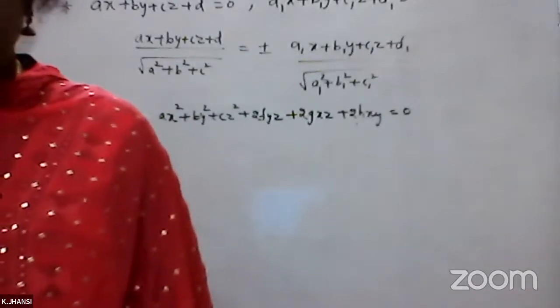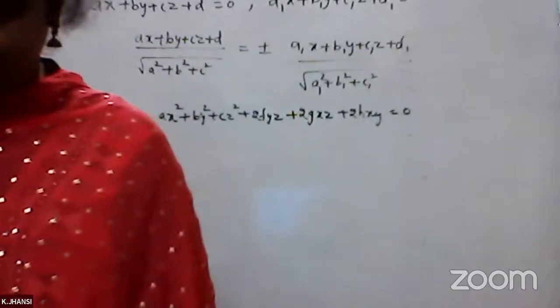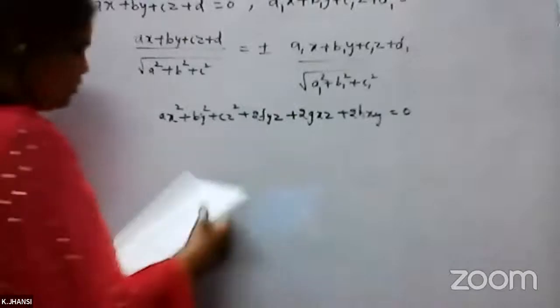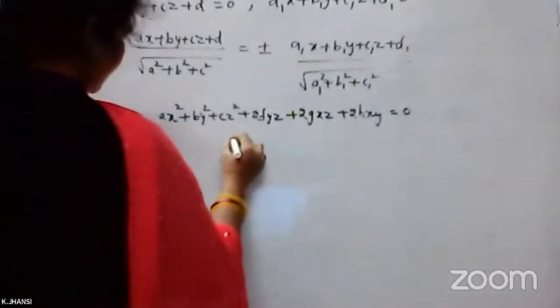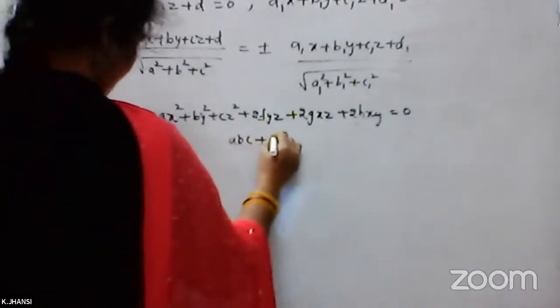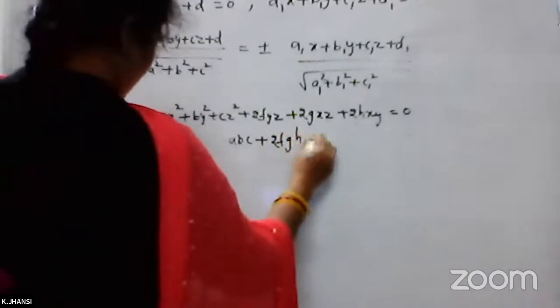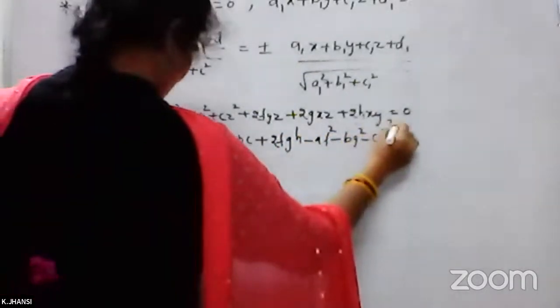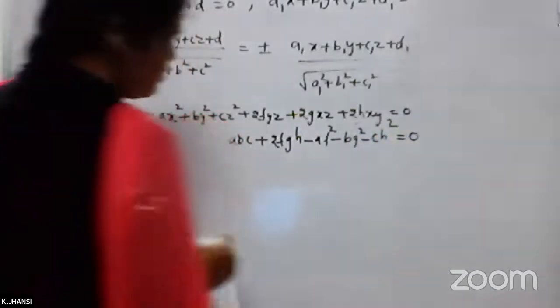Depending on this, you will get the problem, and if you know the formulas, it's enough for solving the problems. The necessary and sufficient condition here is abc plus 2fgh minus af square minus bg square minus ch square equals 0.